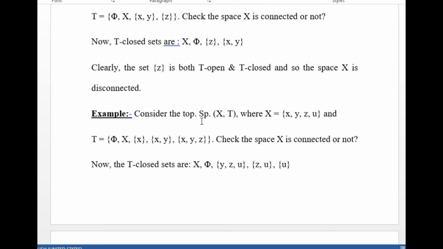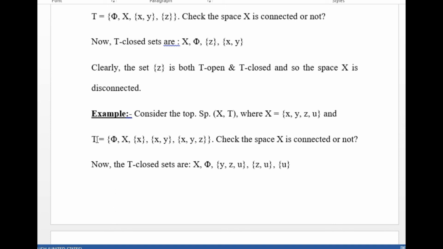Now come on to the next example. Consider the topological space (X, T) where X is {x, y, z, u} and T is a topology defined on X: {phi, X, {x}, {x, y}, {x, y, z}}. Check whether the space X is connected or not. Now the elements of T are known as open sets or T open sets.